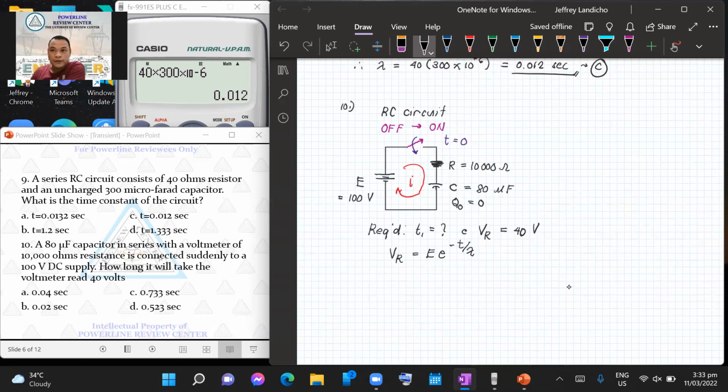So therefore, using algebra, kita natin that the time it takes, it should be negative lambda ln of the ratio, whatever the required voltage across R, over the source voltage E. Okay? So wala na problema. Negative time constant is RC, 10,000 multiplied 80 micro.